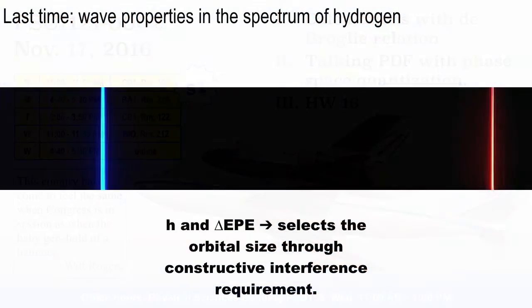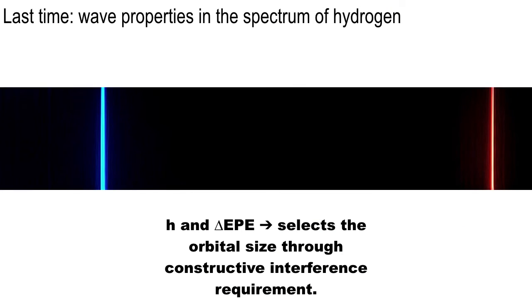Now, last time we talked about the spectrum of hydrogen and how the mysterious disappearance of most of the Roy G. Biv colors was explained by de Broglie as saying, well, if the electron has wave properties, then the only way that you're going to get an electron on an orbit is with constructive interference.